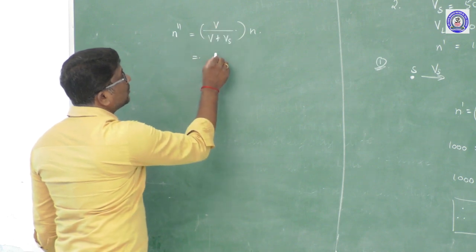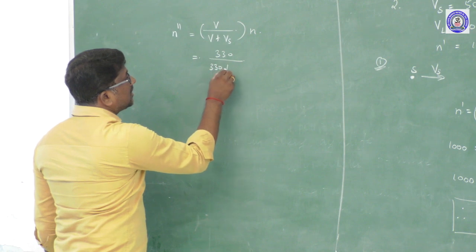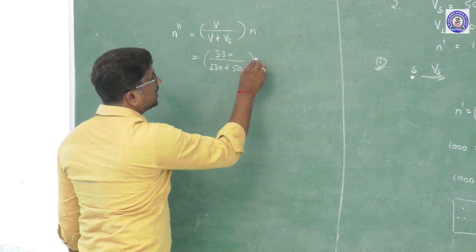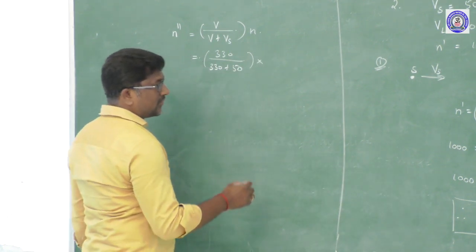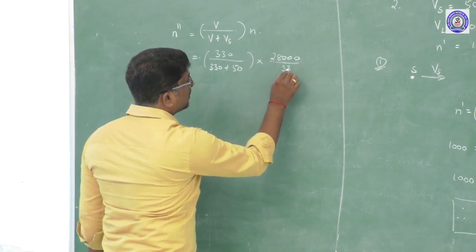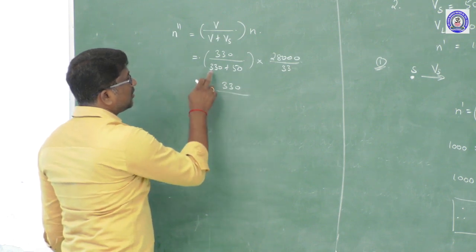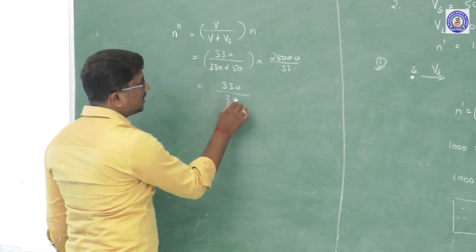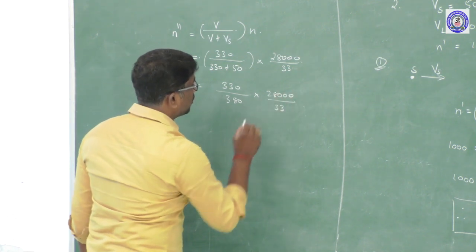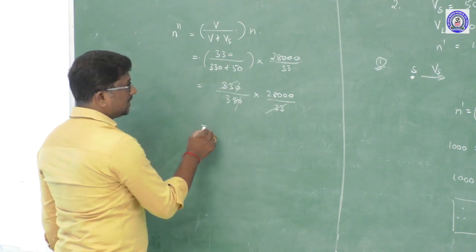Right. V value 330 plus Vs value 50, into the actual frequency 28,000 divided by 33. Then 330 divided by 330 plus 50, 380, into 28,000 divided by 33. 33 cancels.